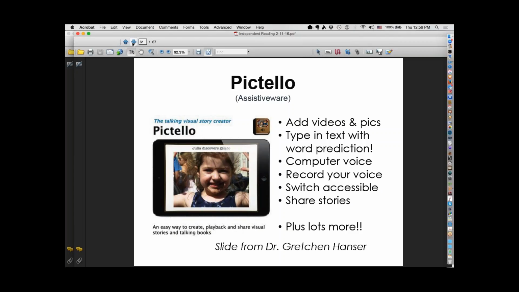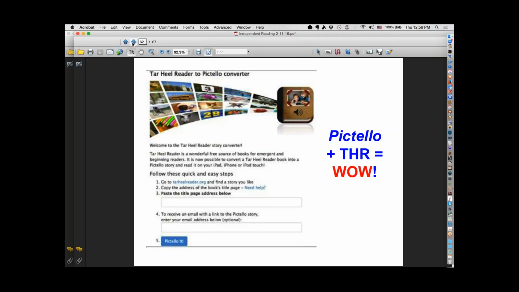Now, you're not going to see this book. I'm going to be showing I Like Earrings, which is another book from our wonderful Jane Farrell, so a little shout out to Jane. I'm going to open up I Like Earrings, and I'm just going to have you listen to the funny voice, because what we've done is to add Patello and Tar Heel Reader.